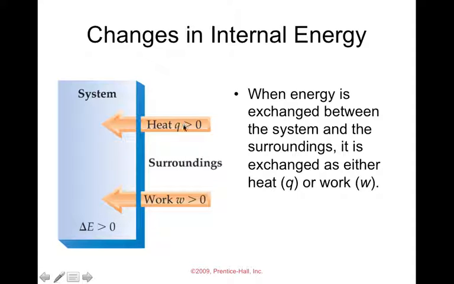So heat, work, and energy are all positive, which means you're increasing them. Energy is exchanged between the system and the surroundings, either as heat or work. So delta E is equal to a combination of these two things, heat and work. And that's this formula here.